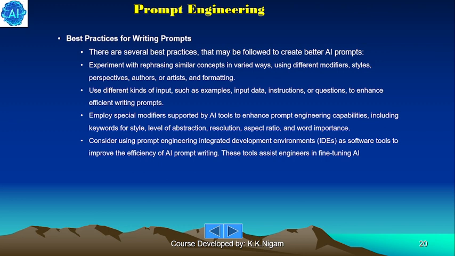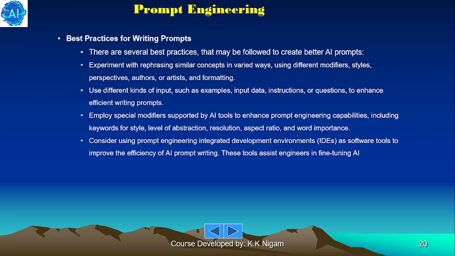Best practices for writing prompts. There are several best practices that may be followed to create better AI prompts. Experiment with rephrasing similar concepts in varied ways, using different modifiers, styles, perspectives, authors or artists, and formatting.